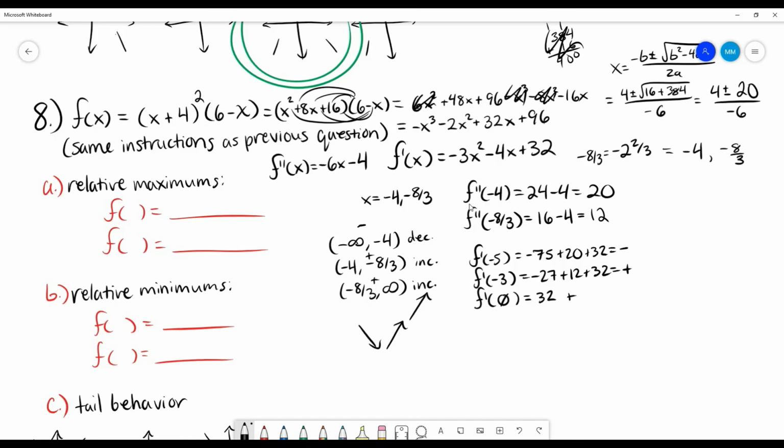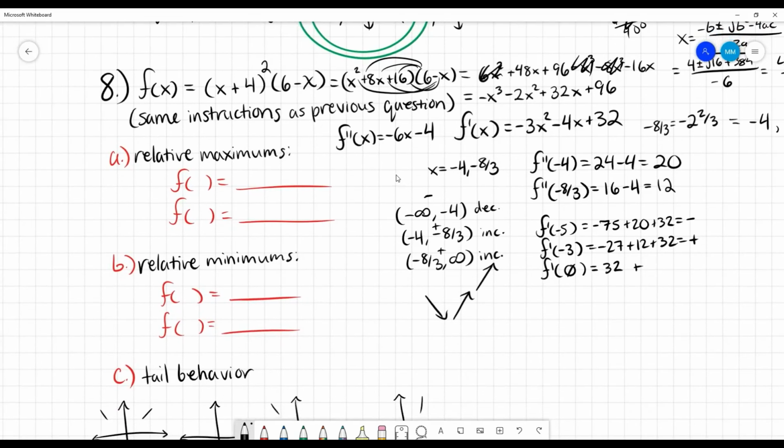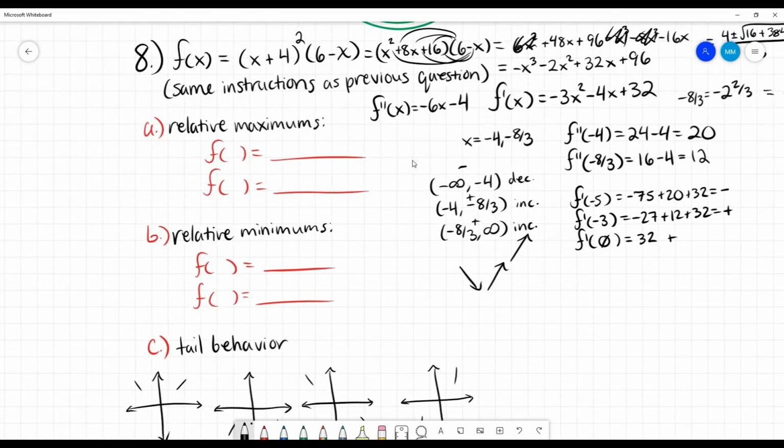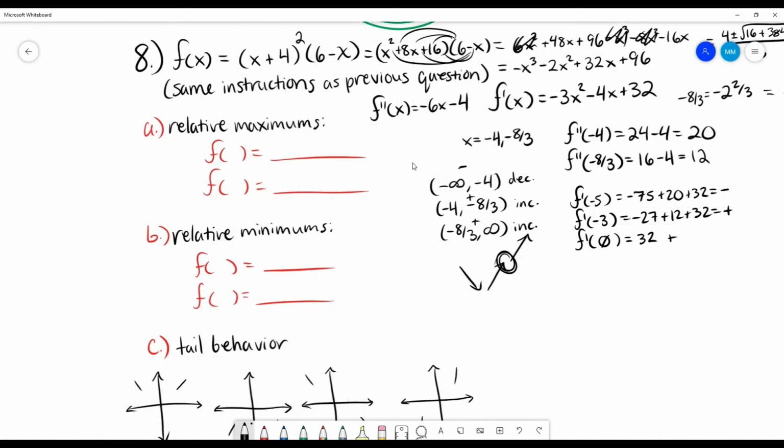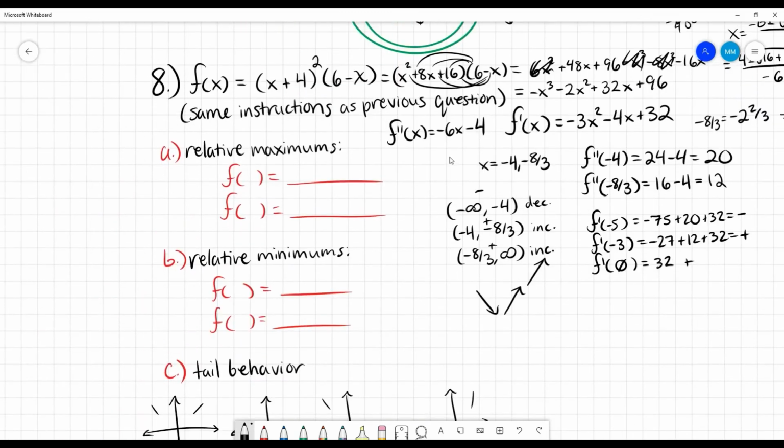All right. Well, it doesn't look like this is actually a relative minimum per se. This is not how the one on the homework went, so it's throwing me off a little bit. I'm not super sure what to consider that. I'm gonna assume that something weird's happening there. It's possible that I just made an arithmetic error somewhere, but I don't know that I'm up to figuring out where that is.